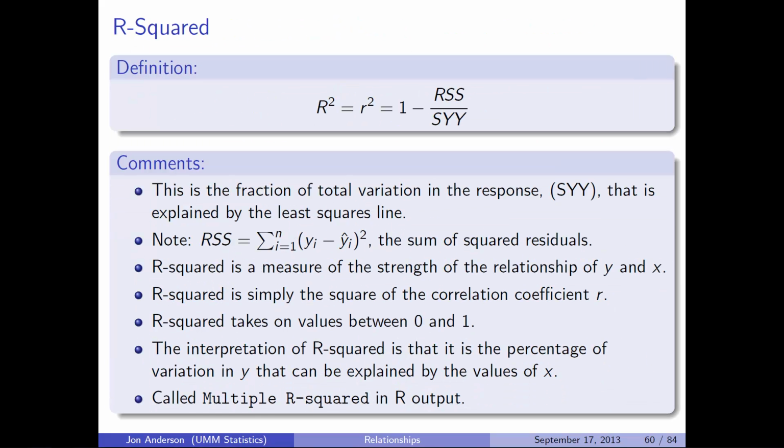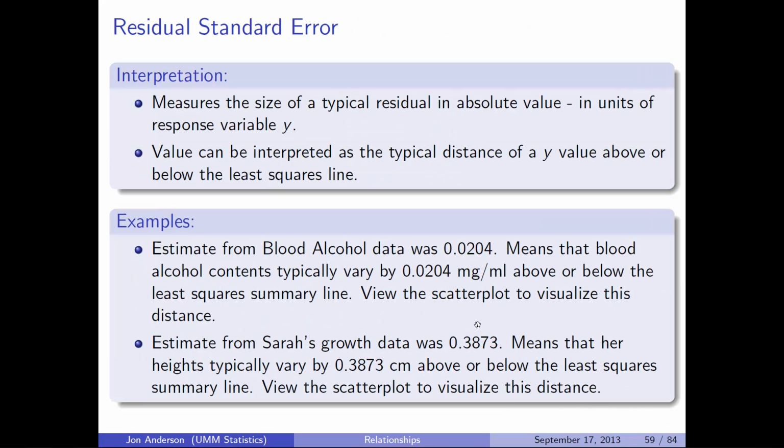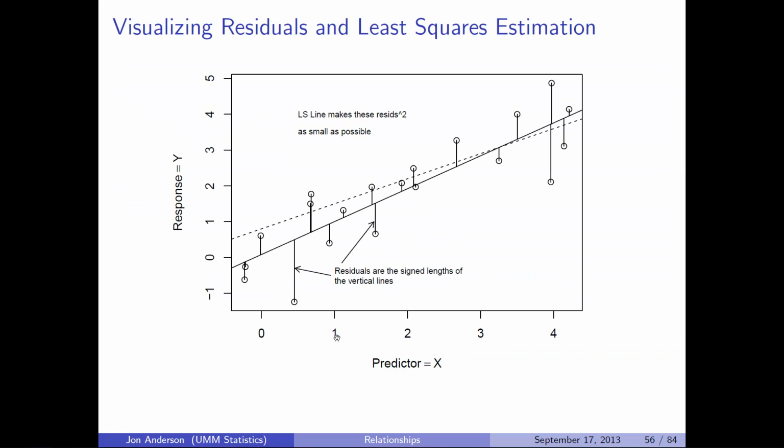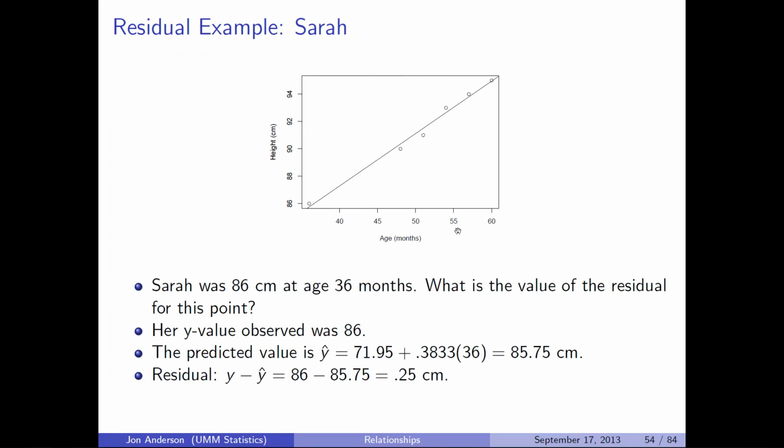If we take a look at the same thing for Sarah, the size of a typical residual is about 0.387 centimeters. And if you look at Sarah's scatter plot, you will notice that a typical residual is about, say, like this point away from the line.